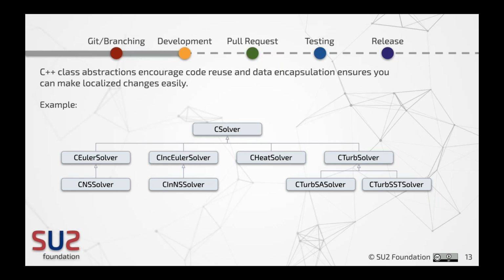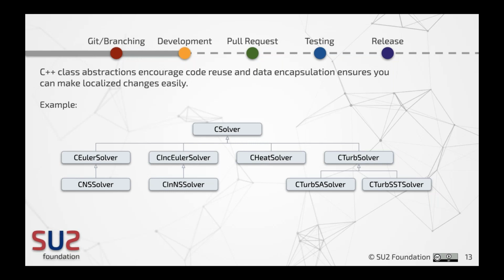So usually, classes, or different instances or objects, share a lot of common routines. For example, here with the solver. We have the base solver class, and then we have some sub solver classes like the Euler solver, the incompressible Euler solver, the heat solver, and they essentially represent a structure to solve a particular PDE.